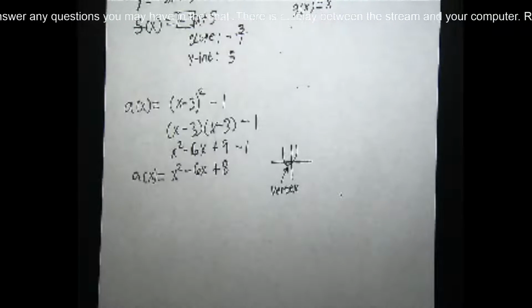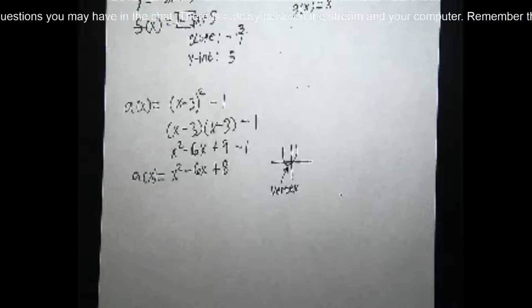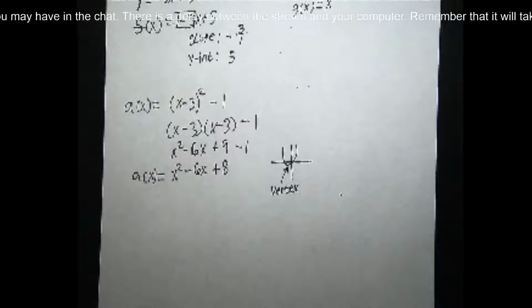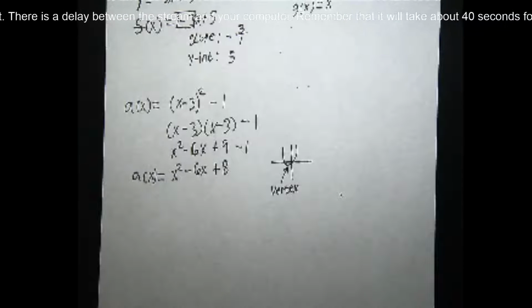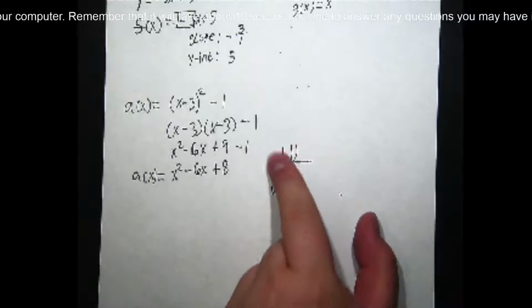The vertex is where the curve turns around. It goes one direction and then turns around. The point where it starts turning around is the vertex. It's the absolute top or absolute bottom of a parabola. And if you didn't know, this curve is called a parabola.